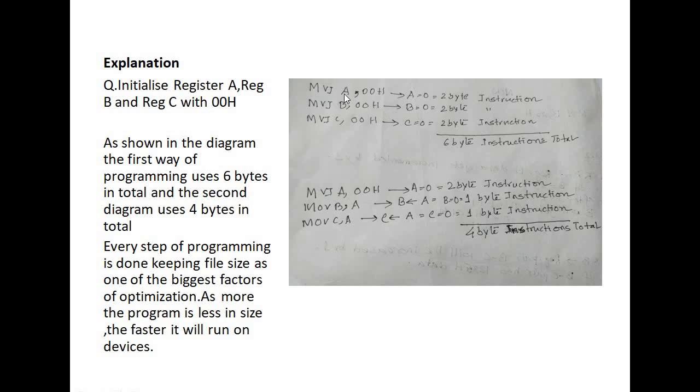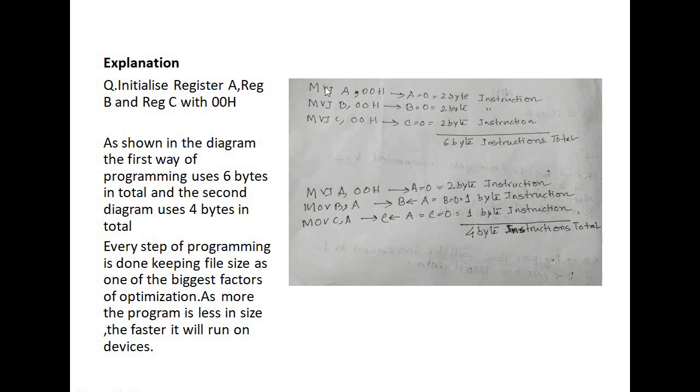If you see I, the number is data. Immediately you have to understand that the number is data. So after writing these three instructions, register A will be loaded with 00H, register B will be loaded with 00H, and register C will be loaded with 00H. So our program is solved. I have initialized all the registers with 00H.